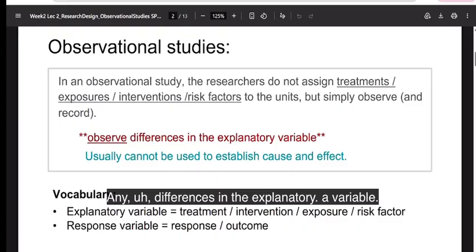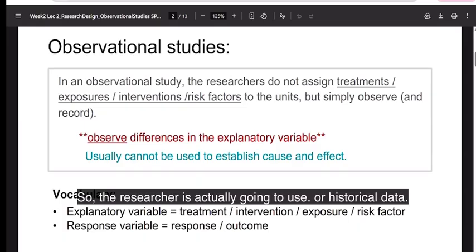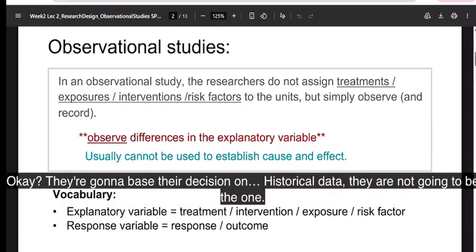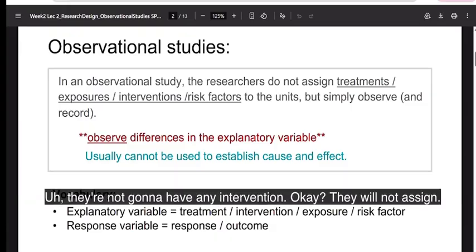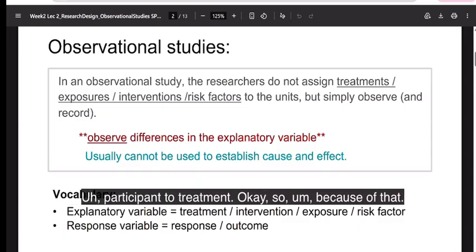So the researcher is going to use historical data. They're going to base their decision on historical data. They are not going to have any intervention. They will not assign participants to treatment.